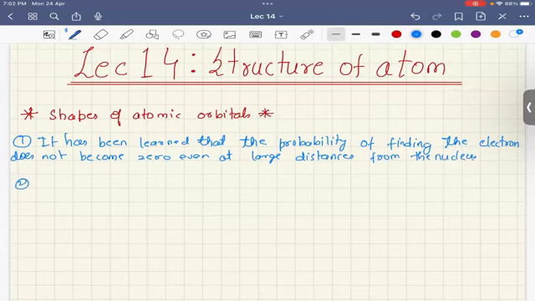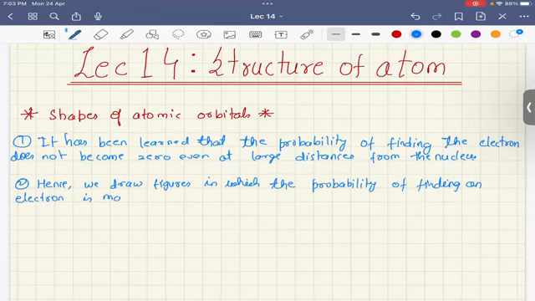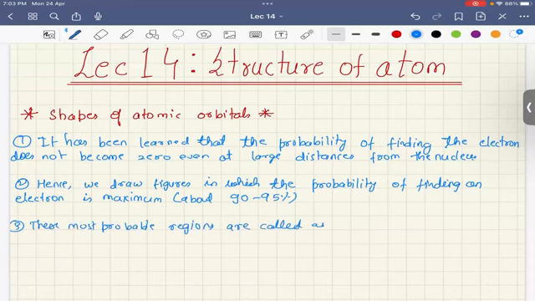Hence, we draw figures in which the probability of finding the electron is maximum. It is about 90 to 95%, right? And these most probable regions are called boundary surface diagrams or orbitals, right? Orbitals.